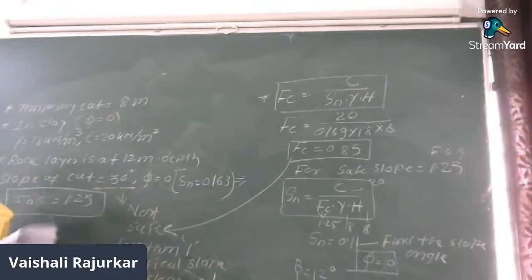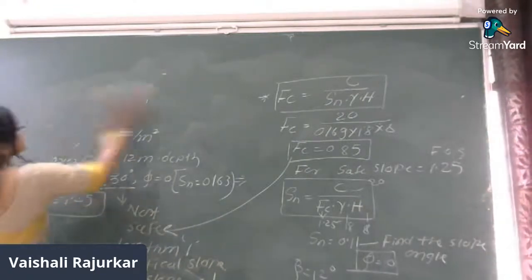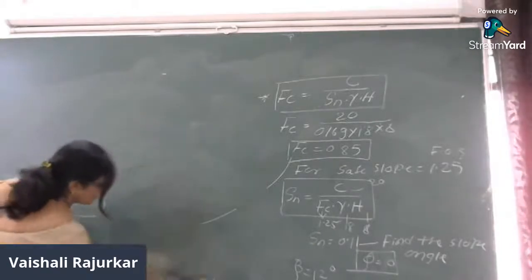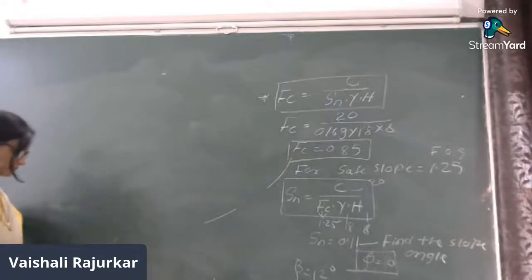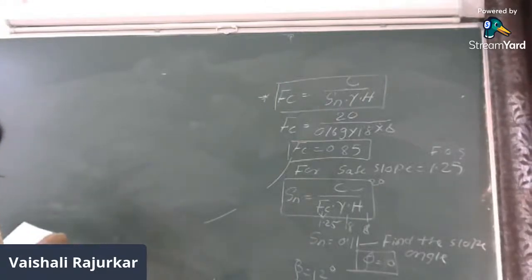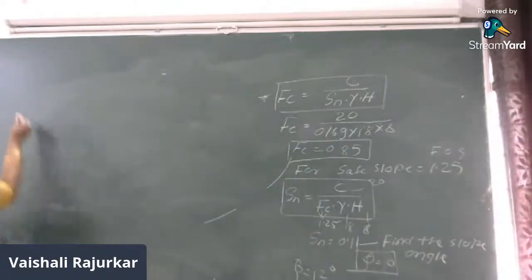We'll have another data. An embankment is retained inclined at an angle of 35.